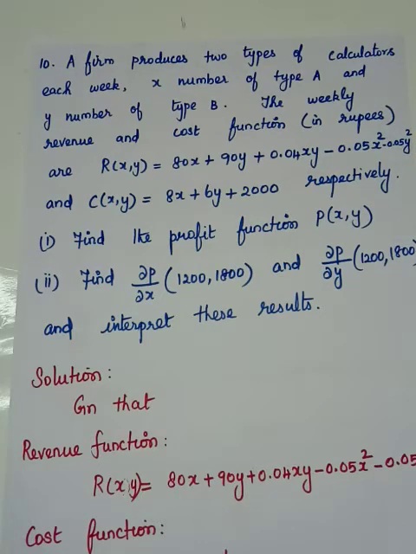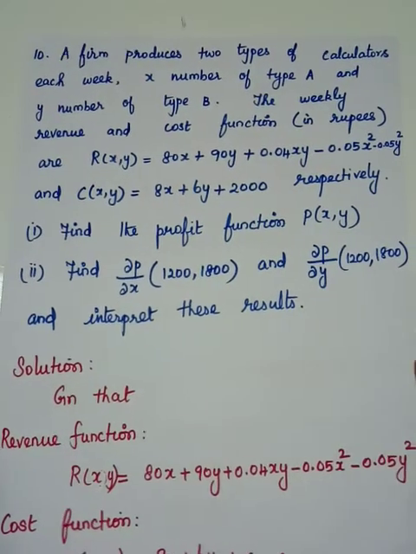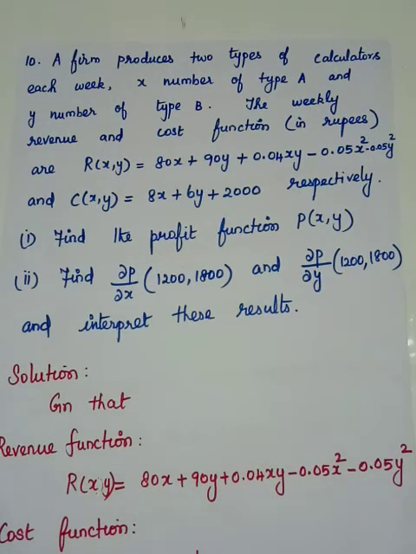And the cost function, also involving 2 variables x and y, is 8x + 6y + 2000 respectively. First one, what is asked? Find the profit function, denoted as P(x, y). And the second one, find ∂P/∂x at (1200, 1800) and ∂P/∂y at (1200, 1800), and interpret these results.